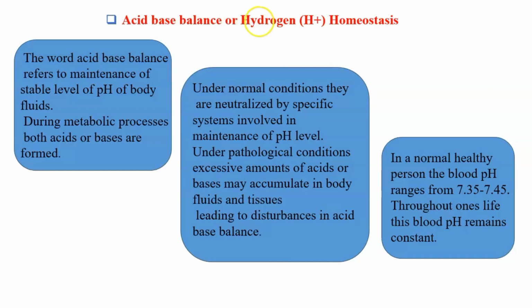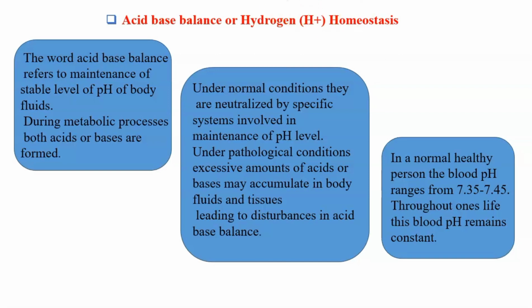Two, we should be able to know the medical and biological importance of acid-base balance. Then, number three, we should be able to know the three systems in the body that are involved in the maintenance of stable blood pH level.